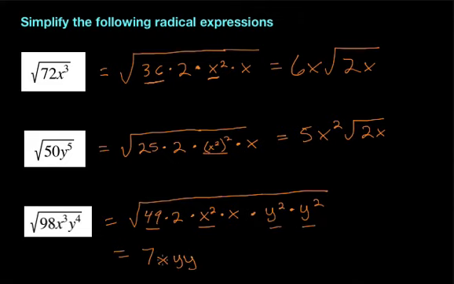So I'm left with 7xyy times the square root of 2x. And it's bad form to leave this expression like this. You don't leave two y's next to each other because we know that y times y is just y squared. So we'd rewrite this as 7xy squared times the square root of 2x.